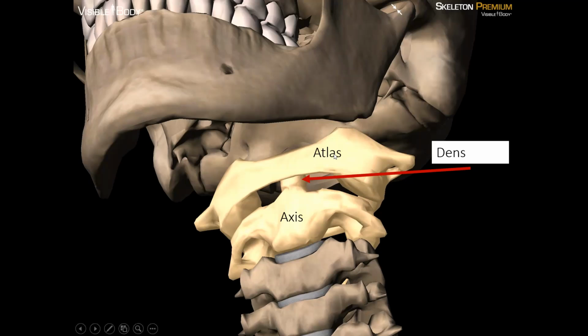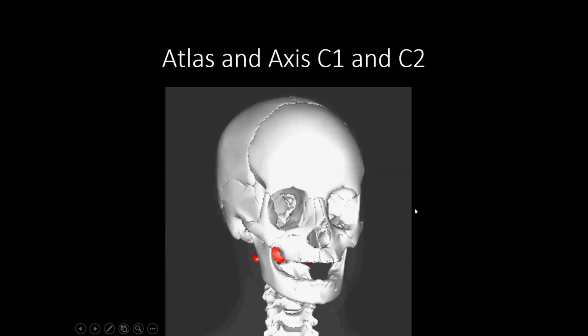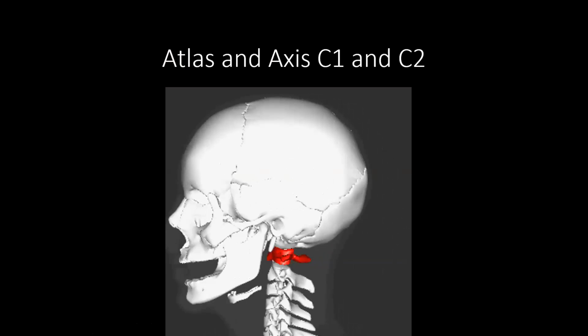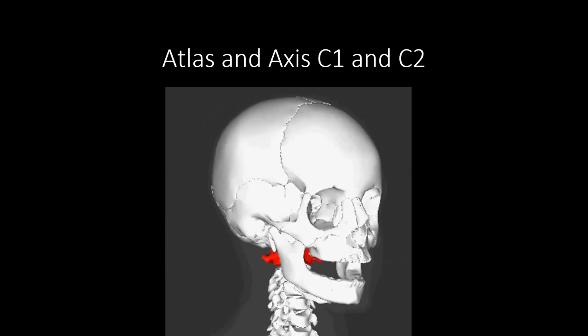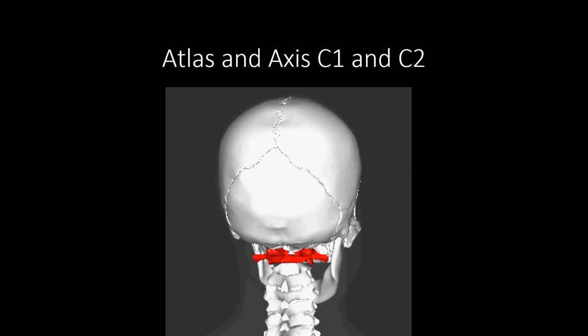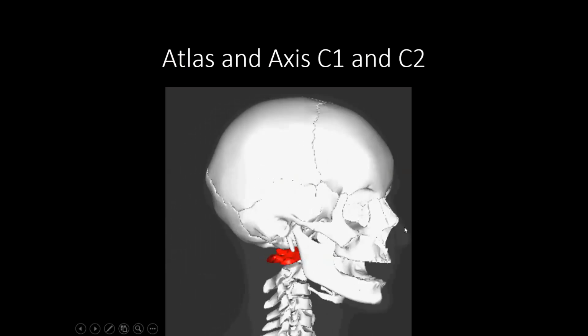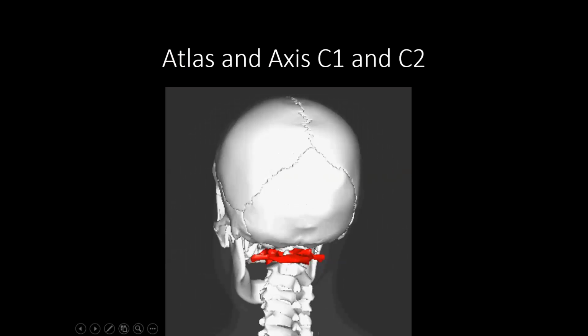So we have the atlas as cervical vertebrae 1, or just C1. Here is C2, the axis. And here we can visualize C1, highlighted in red, and you can see the occipital condyles right in there.